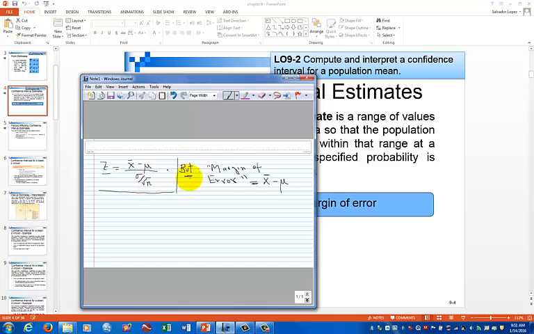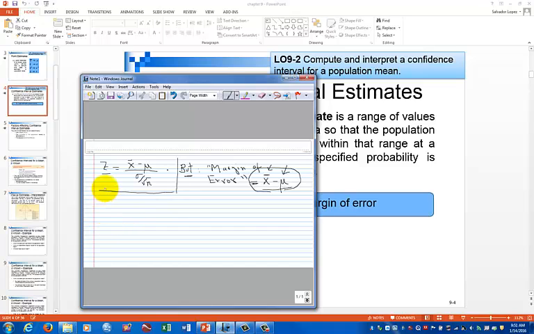But the margin of error is defined as the difference between the estimated value of mu using the sample and the actual value of mu, which most likely we will not know. But this is the definition of the error of the mean, or the margin of error.